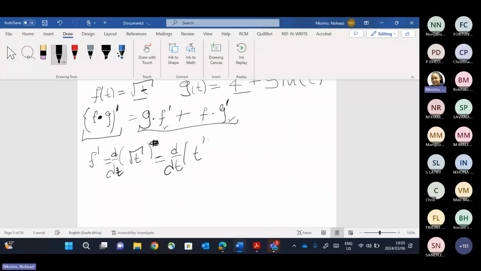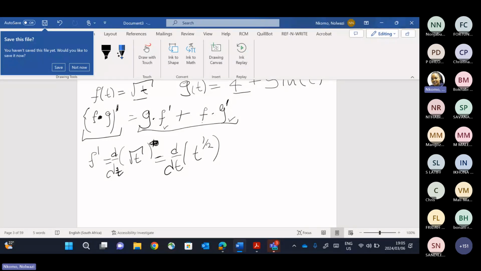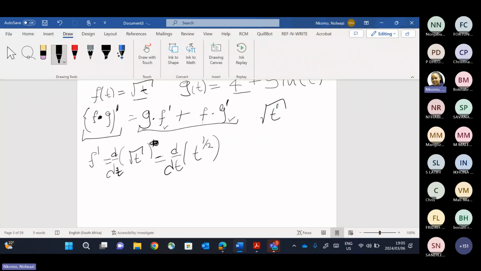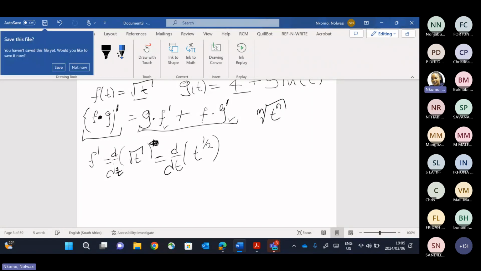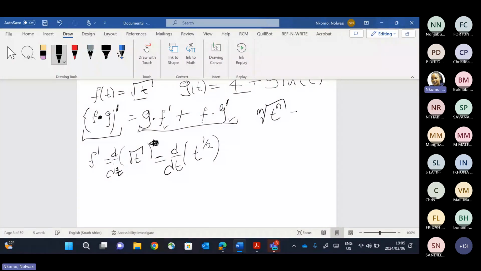If you have the m-th root of t to the power n, this is the same thing as t to the power n over m. If you have root t, you assume here you have 1 and here you have 2, because it's a square root, so you'll say 1 over 2.